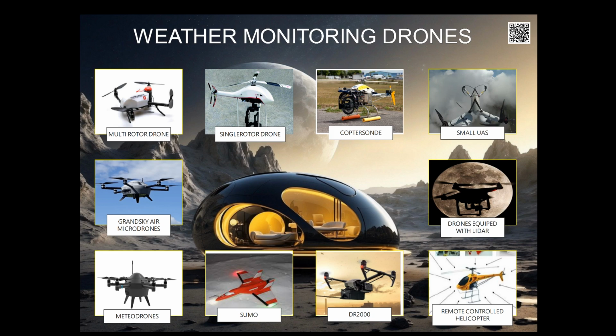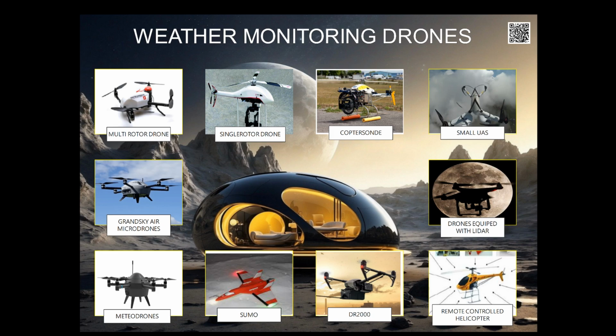You have to use them for measuring meteorological parameters, that means the weather parameters. You cannot use them for carrying items, or capturing photos. You cannot do that. You can only measure the meteorological parameters.